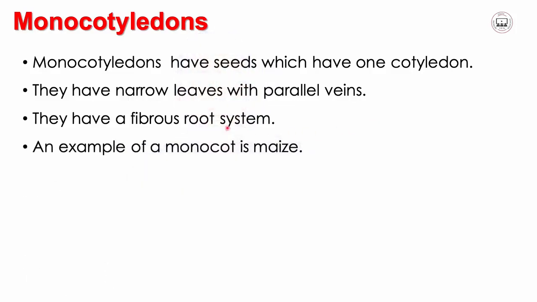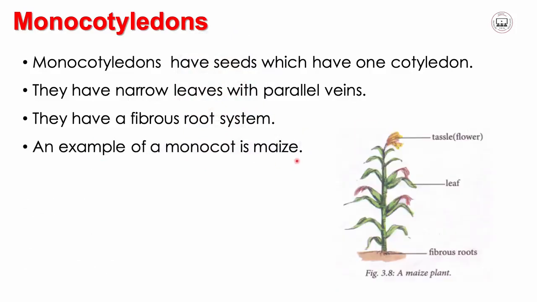And then you may have a very good example of a monocot, which is maize. So here I have a diagram of a maize plant. This part is where we have the flower, and then here we have the leaves, and here we have the roots, which we call the fibrous roots. If you observe closely, you'll find that all these roots develop from the base of the stem.